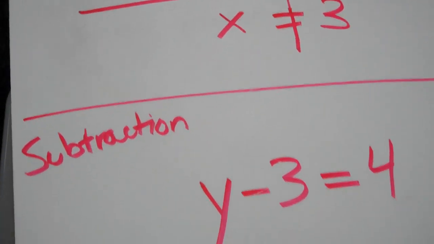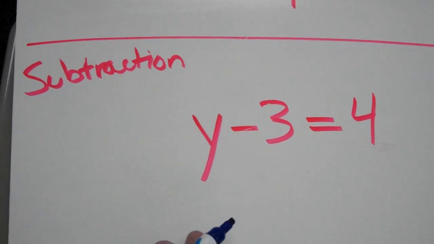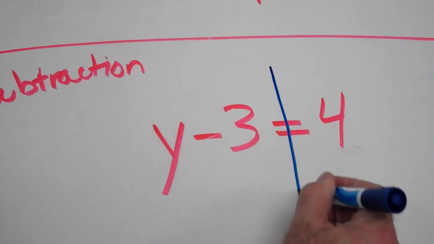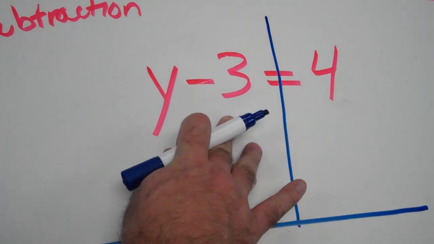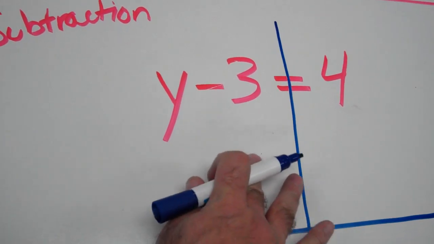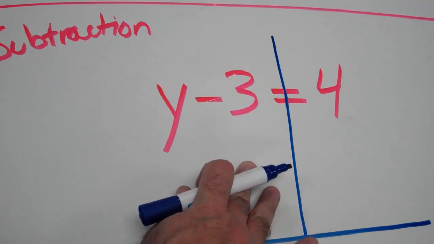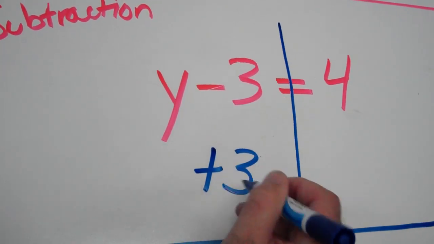So we move down to here. If we're doing subtraction, here we have y minus 3 equals 4. So we'll build our wall. And if we've got to get a minus 3 out of here, we need to get 0 on this side. We use the additive inverse, or what some people call the opposite, and we're going to add 3.